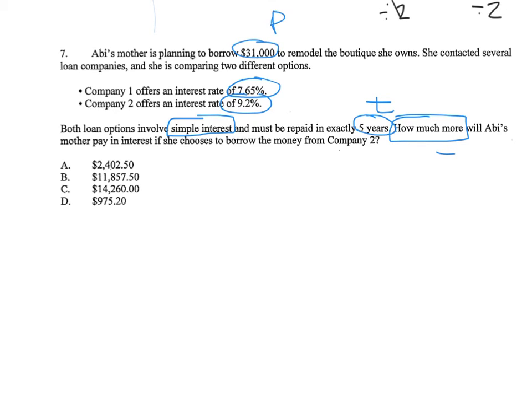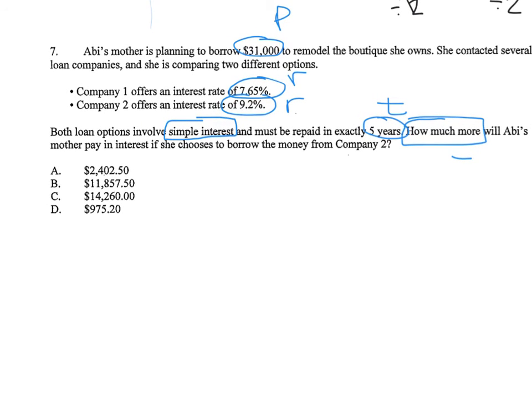So I have principals, I have my rates, so I'm going to solve it twice because there's two different rates, so I have to do the same problem. And this is my formula for simple interest. So I'm going to have to do this formula twice. I'm going to plug in the numbers they gave me. So 31,000 was my principal. Times the rate.